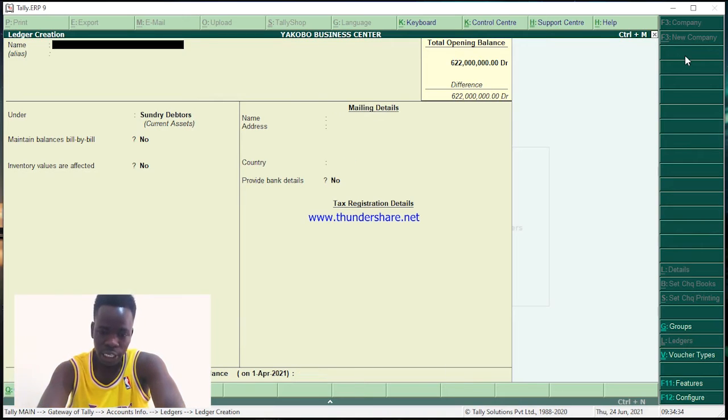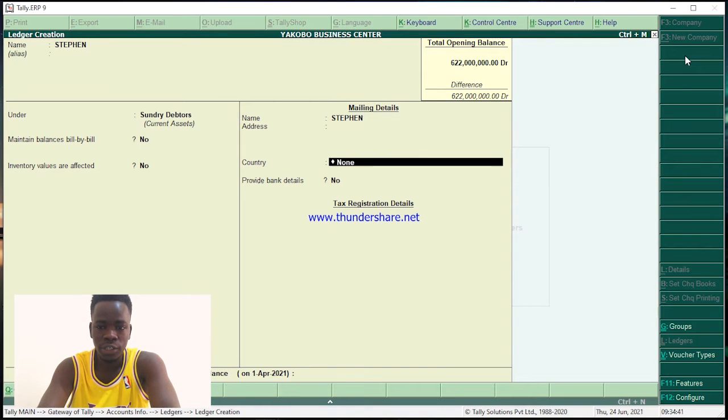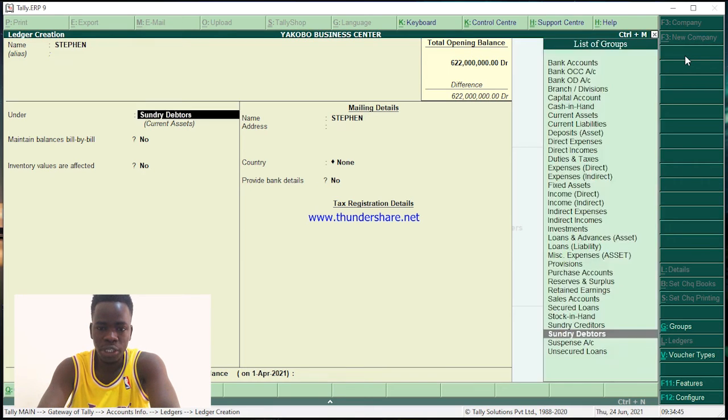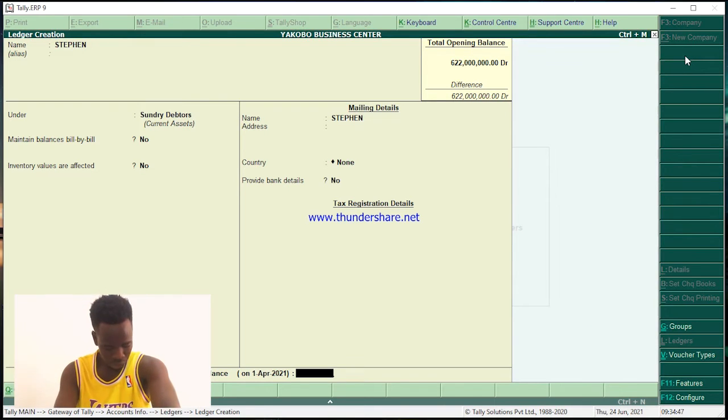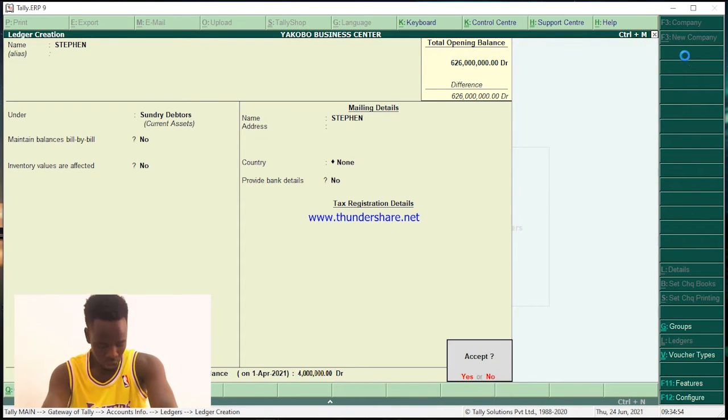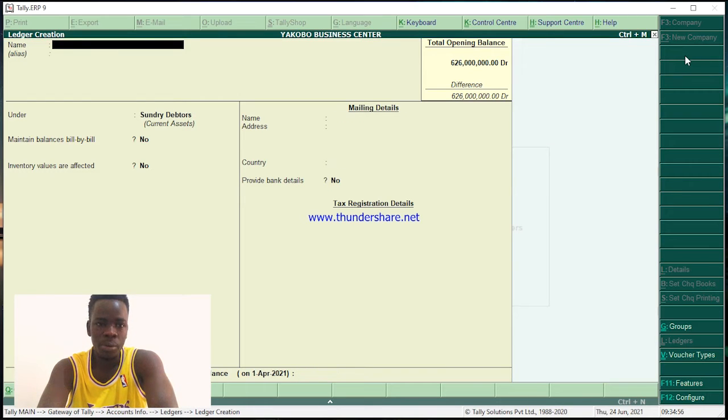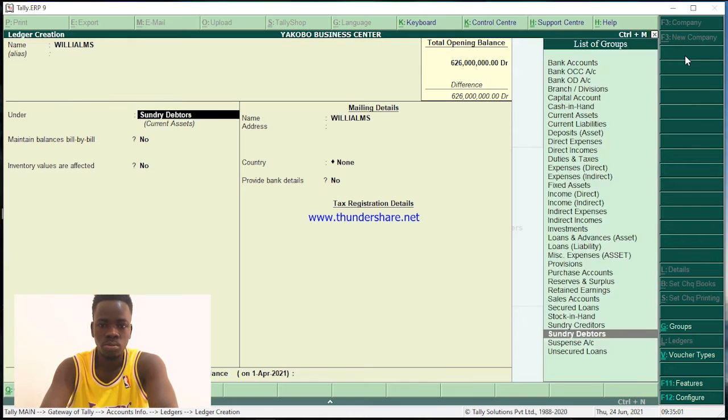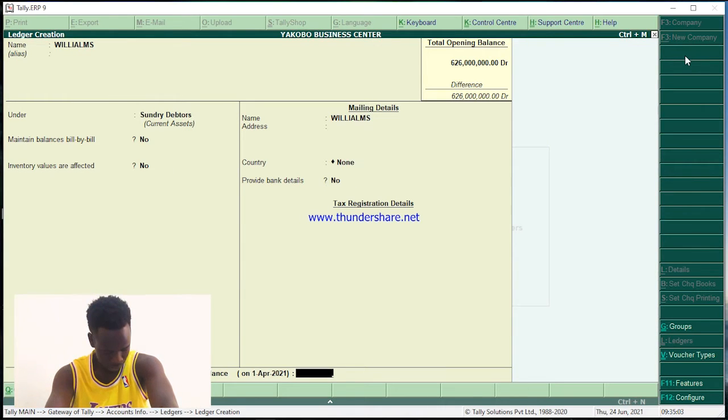We did not put the amount yet, so let's put the amount. The amount is 4 million. We're going to accept it. Then we're going to put another individual. We receive a payment from Williams. We're going to accept this transaction, 1 million.